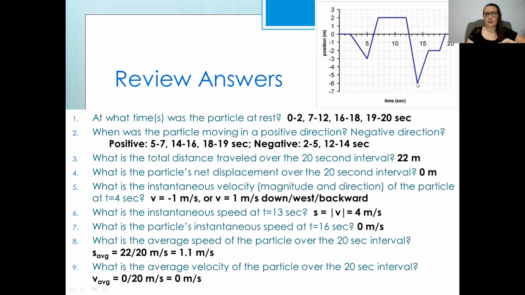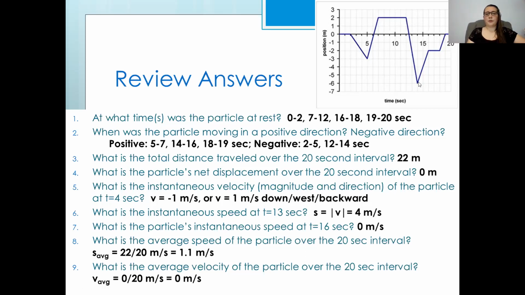And then here, from 14 to 16 seconds, it's moving towards the positive direction. And then there, from 18 to 19 seconds, towards the positive direction. So on the flip side, when is it moving in a negative direction? Here, from 2 to 5 seconds, and then from 12 to 14 seconds, it's moving negative.